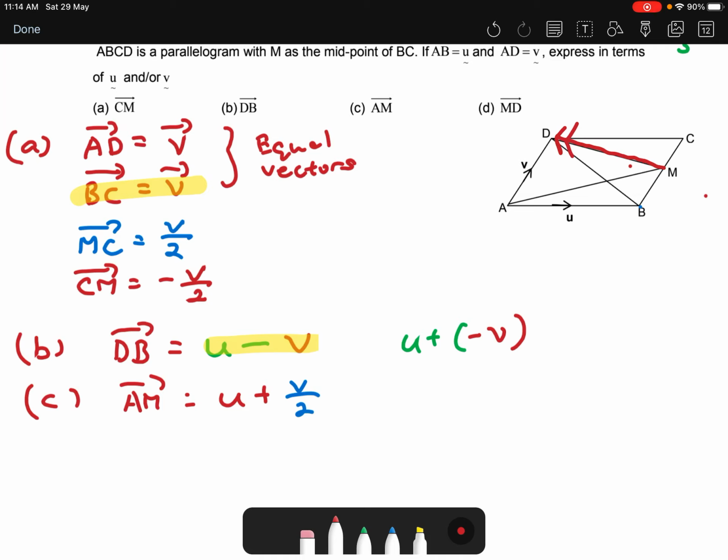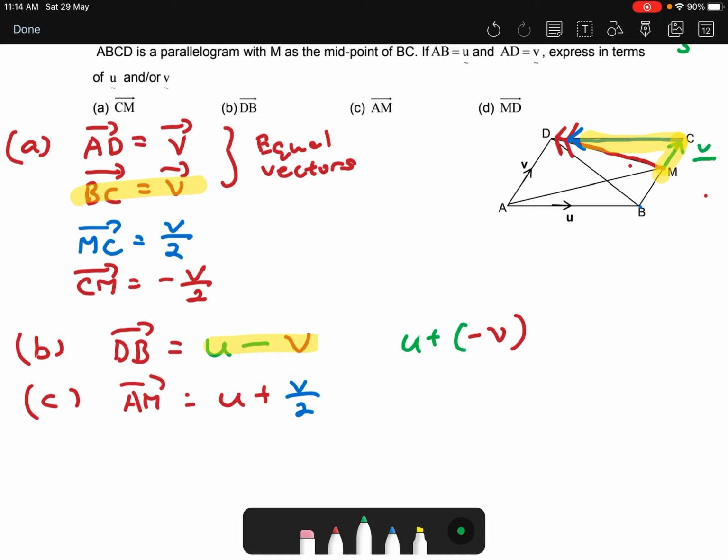Same thing, I need two arrows, right? So I get the two arrows to combine to get my MD. So first arrow, maybe I put MC. Second arrow, I put CD. Okay, so now my head is connected to the tail, and I form a closed triangle. So everything is fulfilled. Let's put in the relevant alphabet.